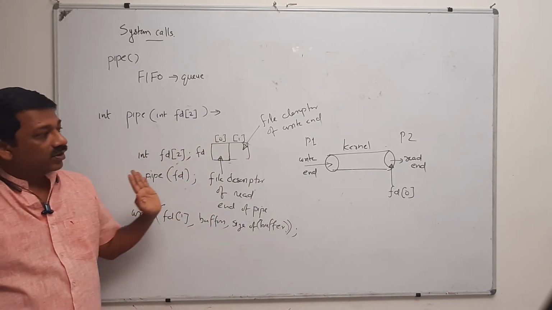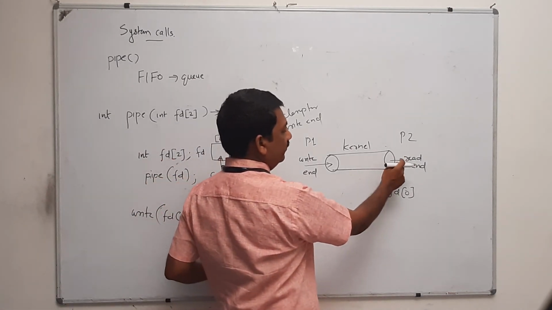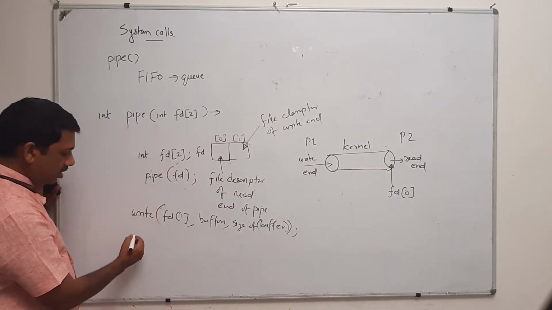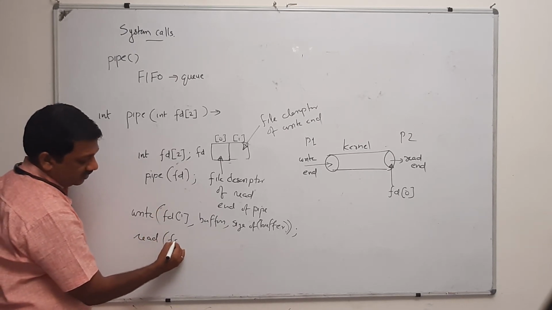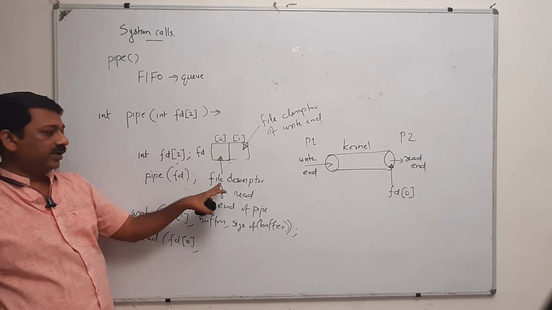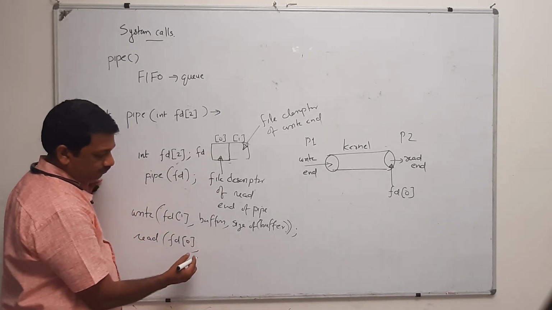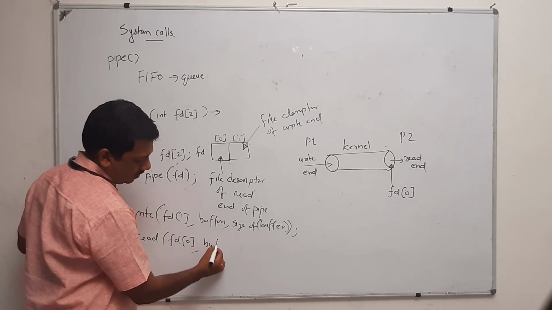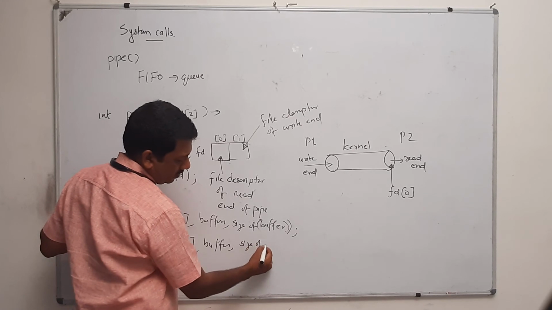Using this write, you are writing something, and if you want to read that from here, you can have read(fd[0], buffer, size of buffer), where file descriptor 0 is pointing to the reader.